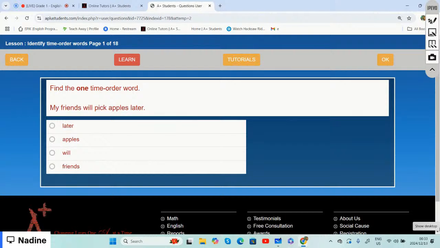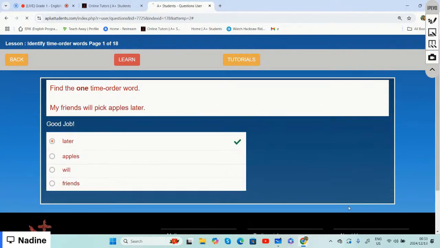Yes, and if we were to answer the question or choose the correct answer, then we will say later. That will basically tell us when something will happen. So later will tell us when something will happen. Well done.